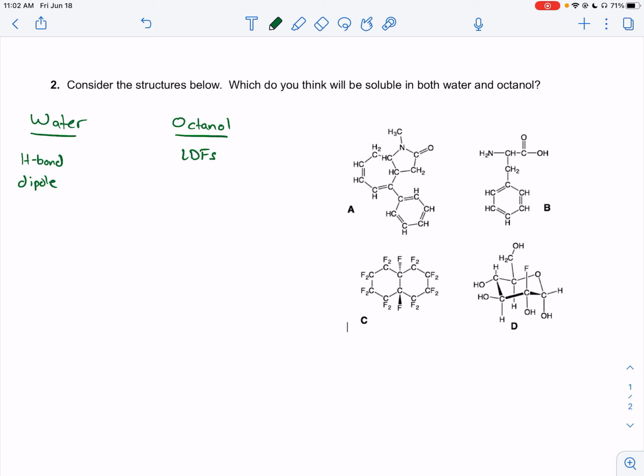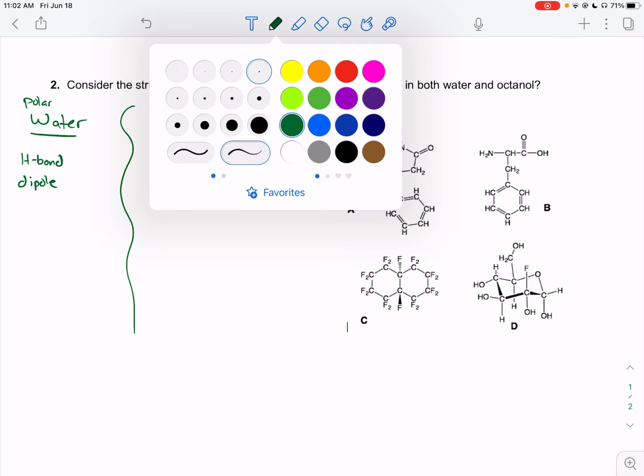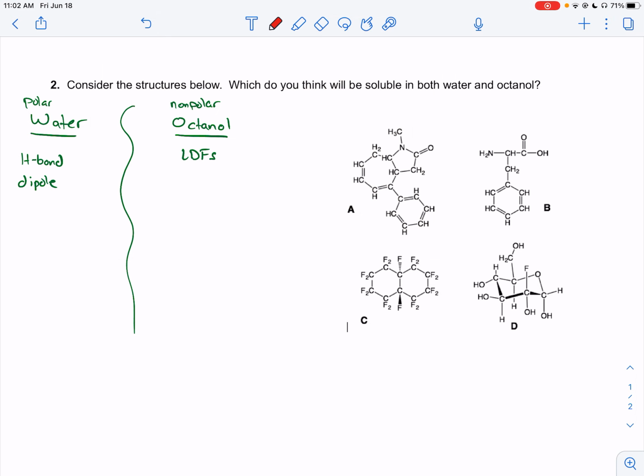So this is basically a nonpolar and a polar solvent. When we look at the molecules, we can start to say, which of these will be polar? Where do we see polar groups in this?